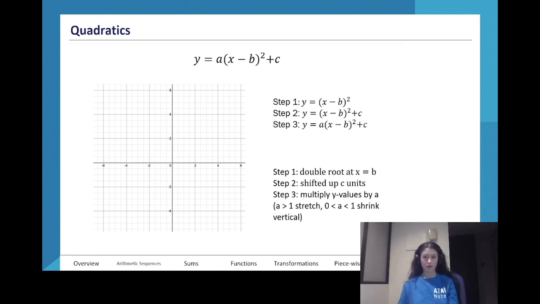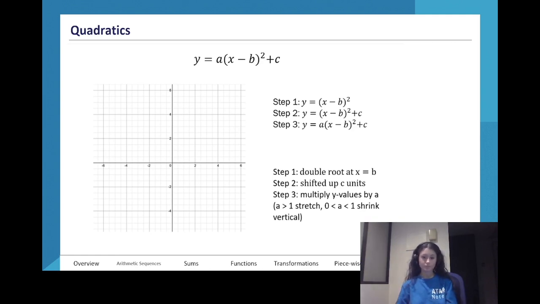As you can see here, we have the form y equals a(x - b)^2 + c. In this form, the parameters a, b, and c tell us very important things about the curve, which makes it easier to graph than a quadratic in the normal form.